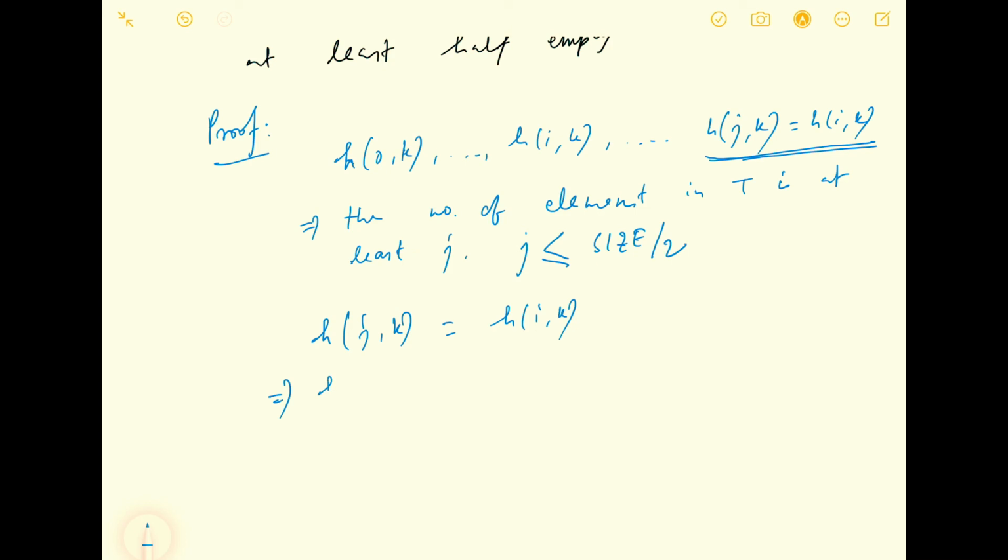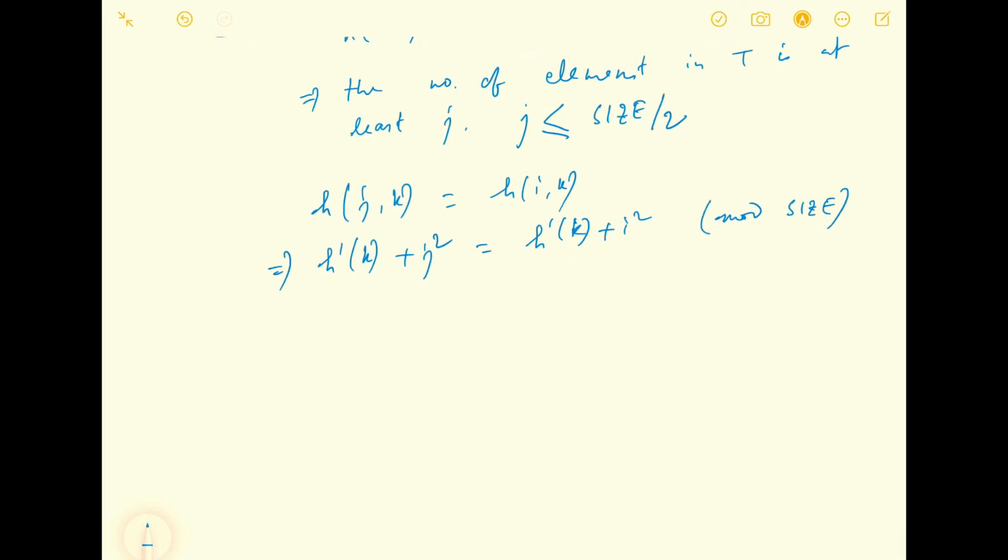That means h'(k) plus j squared equals h'(k) plus i squared mod size. So this h'(k) gets cancelled, and what I get is j squared minus i squared is congruent to 0 mod size.